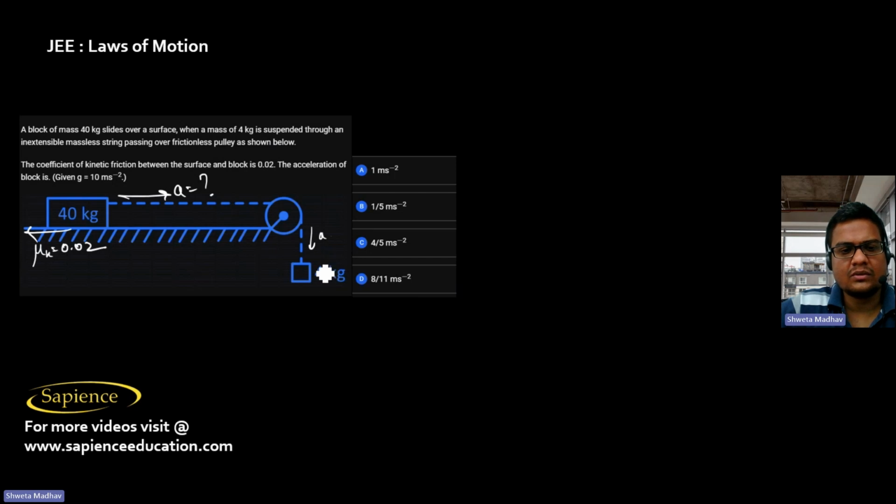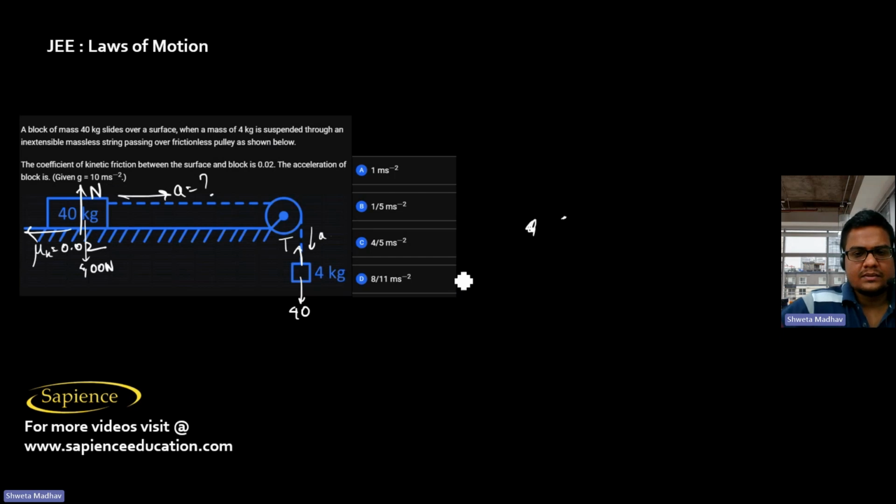So the 4 kg will go downwards. So this is the tension force, and g is 10. So 40 Newton is acting downwards. Here 400 Newton is acting downwards, so the normal reaction is also 400. So here it will be 40 minus T equal to 4 into a.